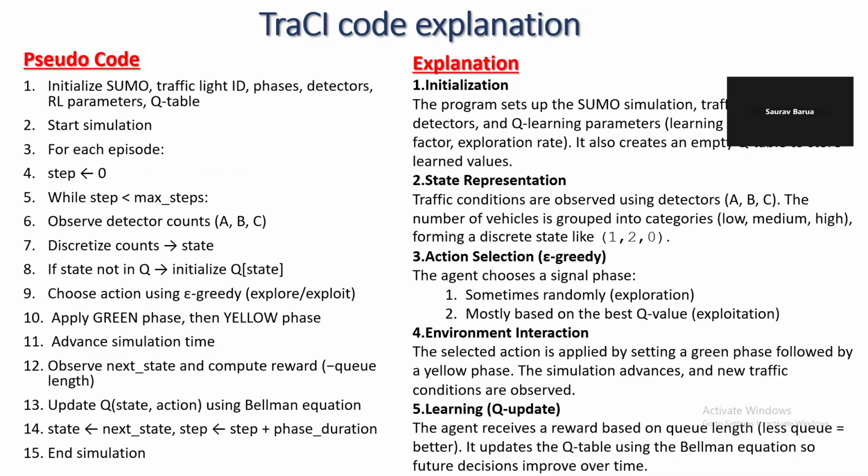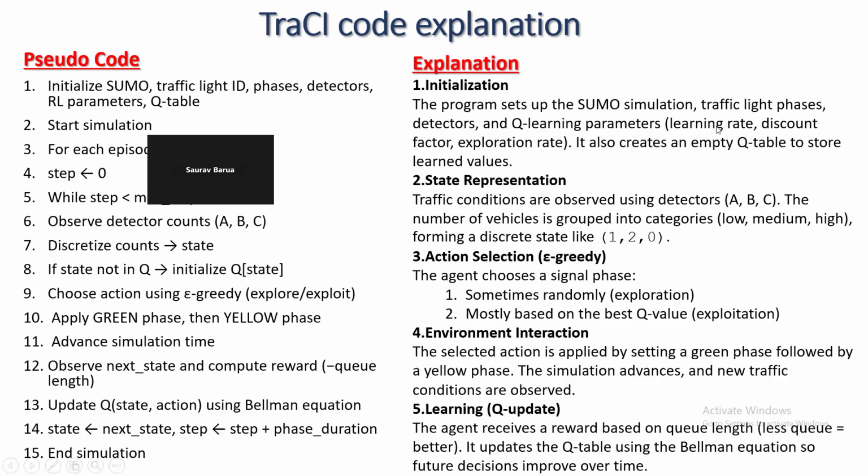This is the pseudocode, and if we look at the explanation, there are five divided parts. First the initialization, then the state representation. For initialization, we can see that I initialize SUMO, then traffic light phase, detectors, and Q-learning parameters.